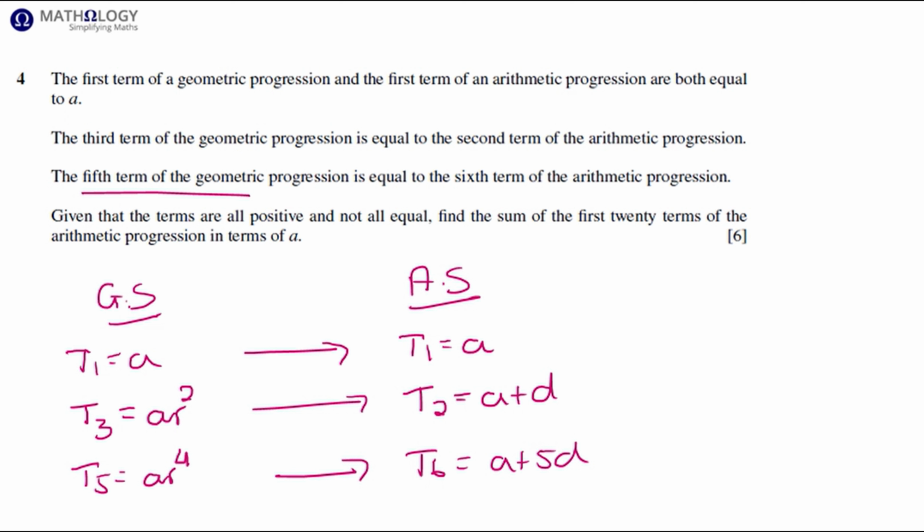Okay, so we have obviously a equals a, just writing these as equations. ar squared equals a plus d, and ar to the 4 equals a plus 5d. I now need to find the sum of the first 20 terms of the arithmetic progression in terms of a. So if we're going to find an expression purely in terms of a, we need to eliminate the variable d, which is what we're going to do.